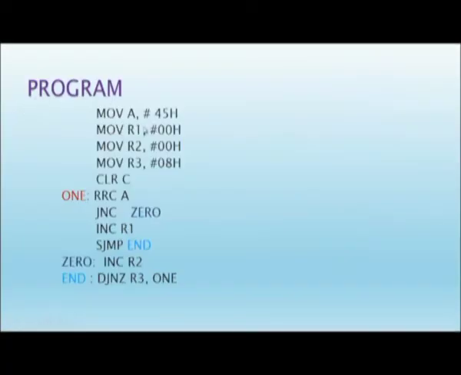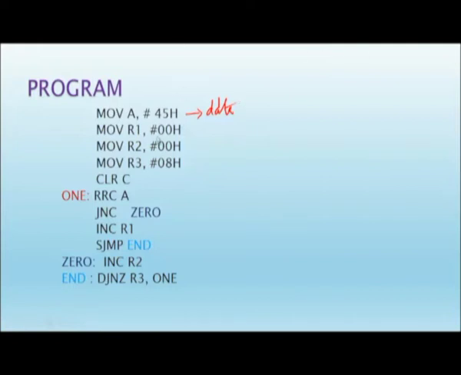Now, we have to think about the logic to count the number of ones and zeros. Here we consider rotation: by rotating through the carry, whenever the carry flag is set I will count in either the zeros or the ones counter. Based on this logic we have written the program, you check it. MOV A, 45, this is the data in which I want to count the number of ones and zeros.